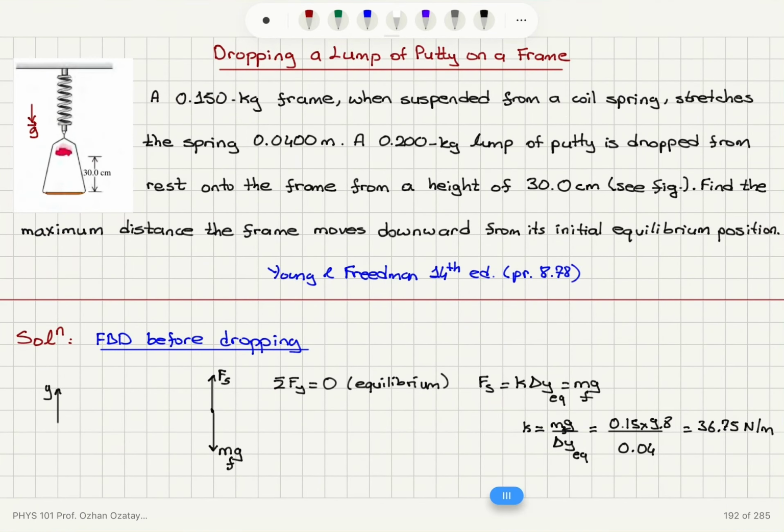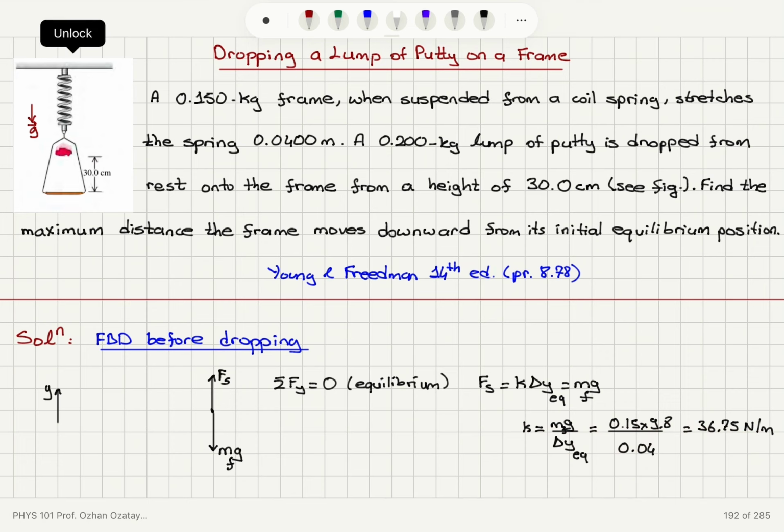Okay, so in this problem, first we have an equilibrium condition satisfied by this frame and this elastic coil. If we look at the free body diagram, we see that the spring force is balancing the weight of the frame. The net force on the y-axis is 0, and this allows us to calculate the spring constant.